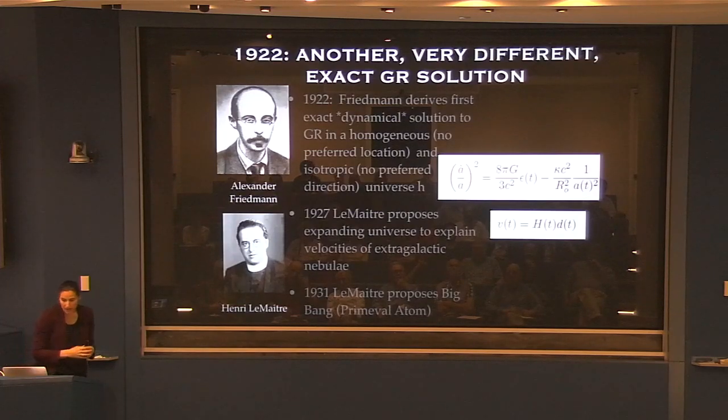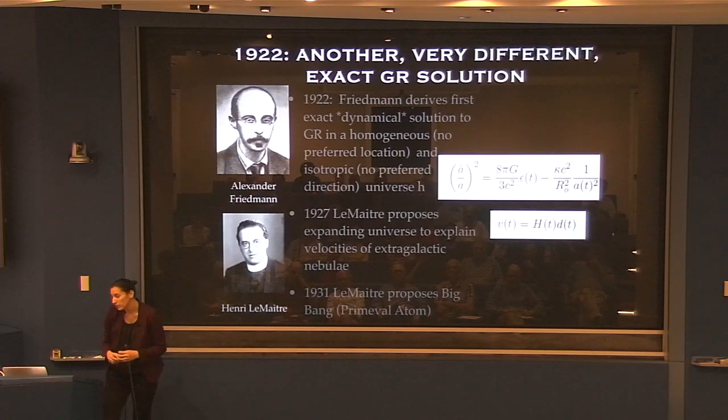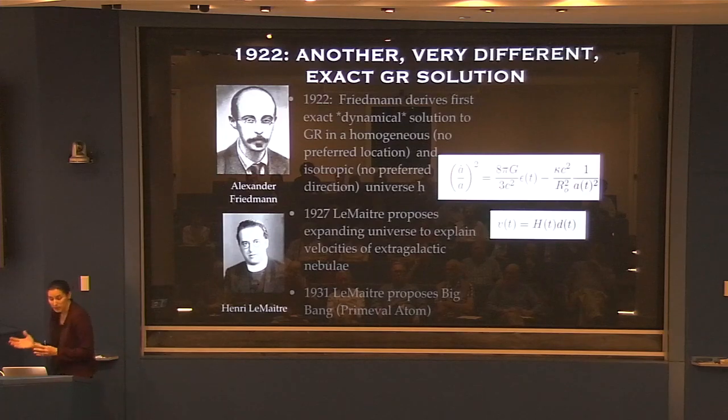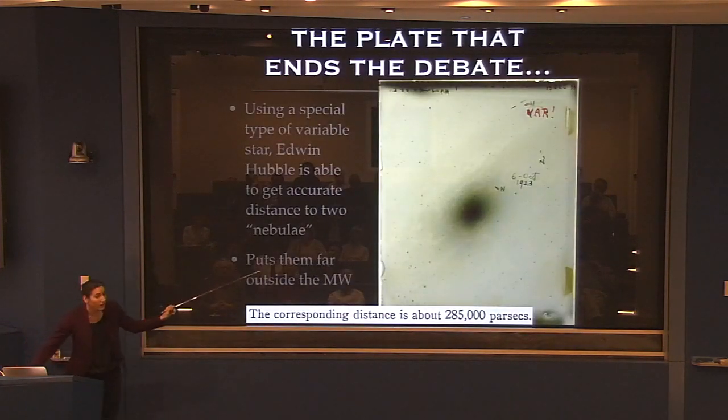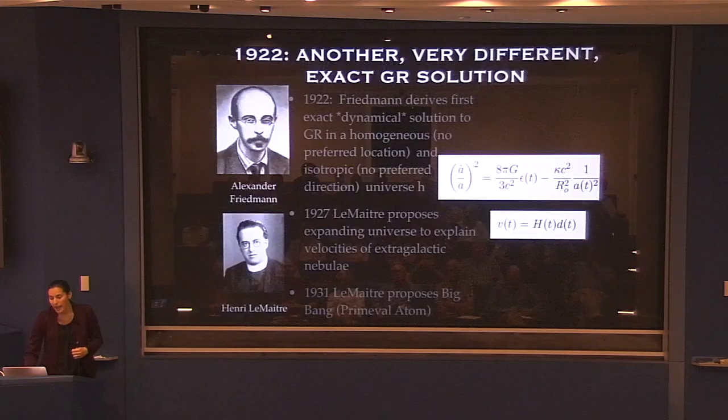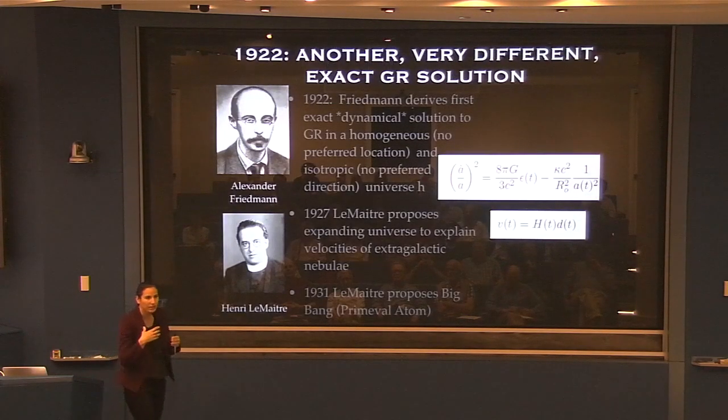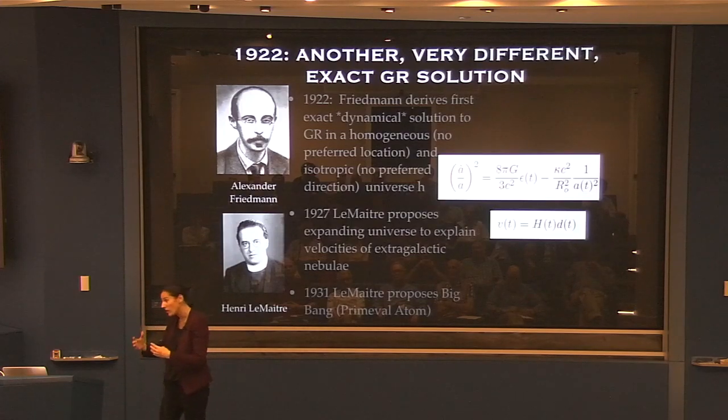Now at a similar time in '27, Henri Lemaitre proposes an expanding universe as well, but here he's thinking again about these nebulae. So Hubble has measured velocities. There are literature velocities actually for the spiral nebulae. And Lemaitre is thinking about these velocities without knowing all the distances.